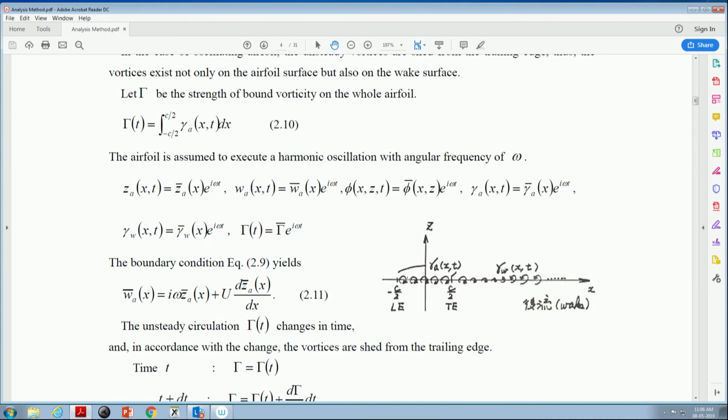The airfoil is expressed by distributed vortices gamma A, and gamma W is shed from gamma A infinitely downstream. We will calculate the induced velocity on the airfoil, place the non-permeable boundary condition on the induced velocity, and then we can have the integral equation which determines gamma A. That is the general framework.